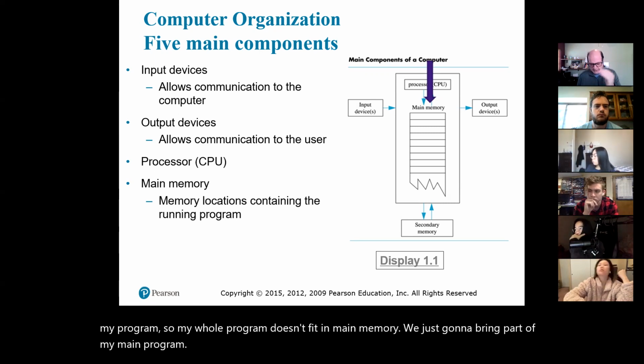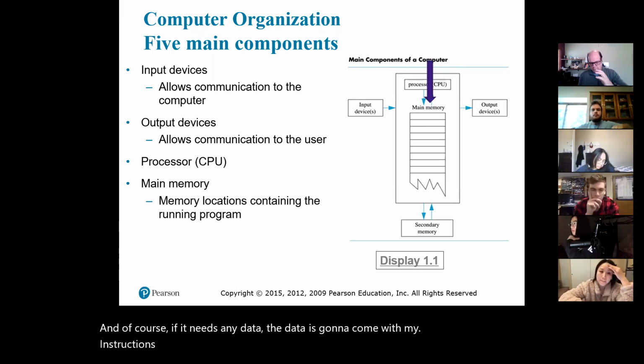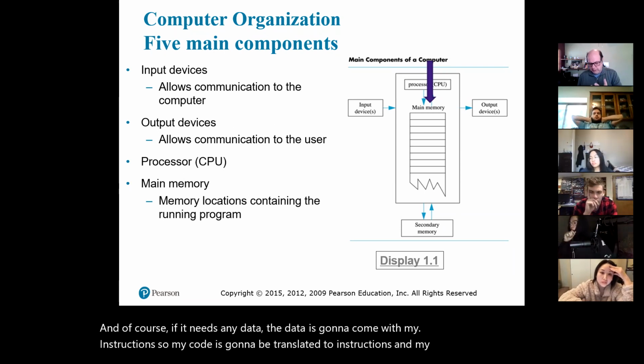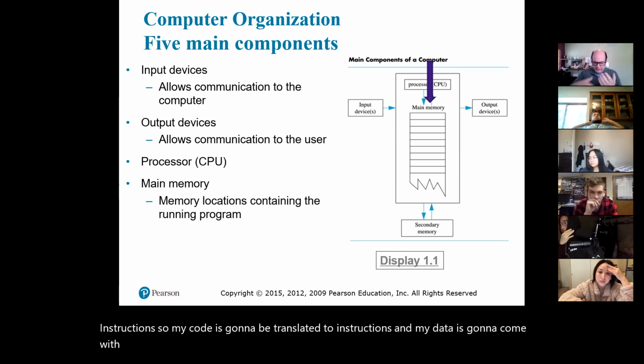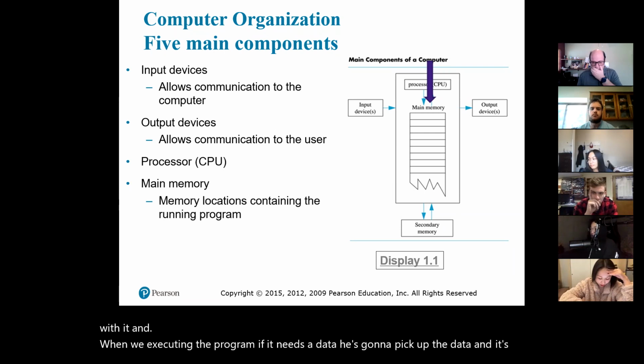And of course, if it needs any data, the data is going to come with my instructions. So my code is going to be translated to instructions, and my data is going to come with it. When we're executing the program, if it needs the data, it's going to pick up the data and produce something else.